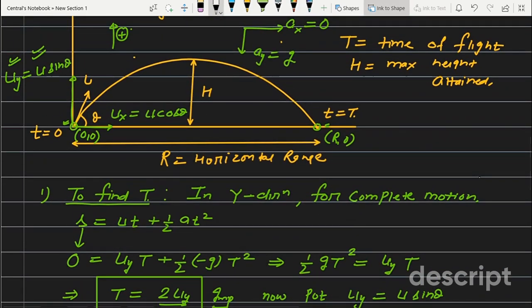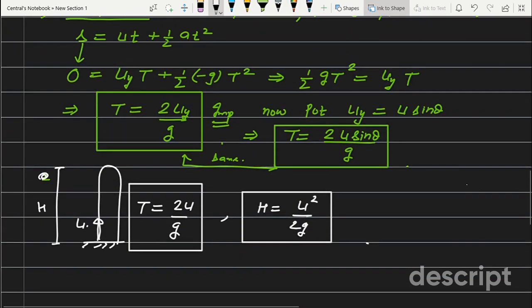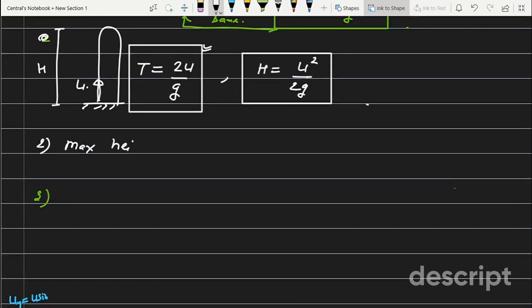Similarly, if you throw a projectile but the speed in its vertical direction is uy, then the formula 2u by g will change into 2uy by g. Similarly, as the height is u square by 2g in this case, in projectile motion, what is the maximum height attained?